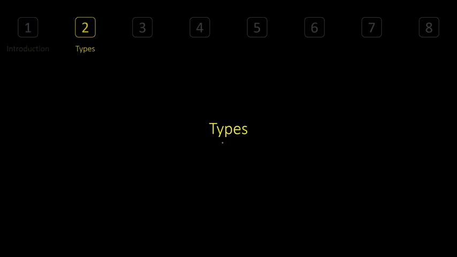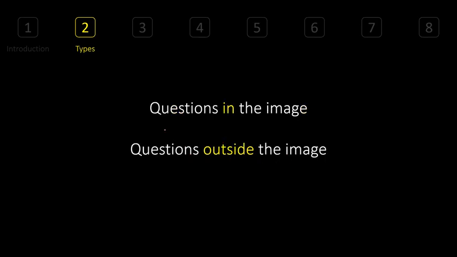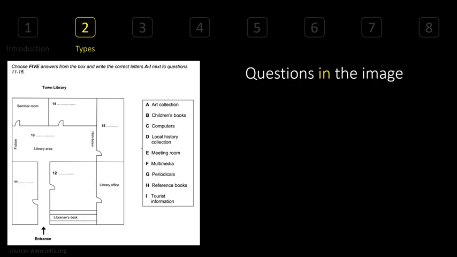Now there are two types of map questions in listening. The first is when we have the questions in the image, and the second is when we have the questions outside the image. What is the meaning of this? Let me show you an example. Here we have the questions in the image: 14, 15, 13, 12, 11 are all question numbers. The options are outside the image.